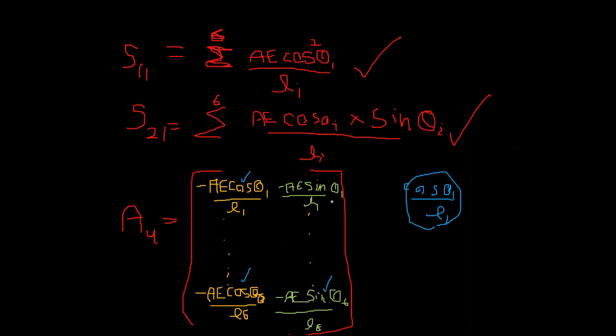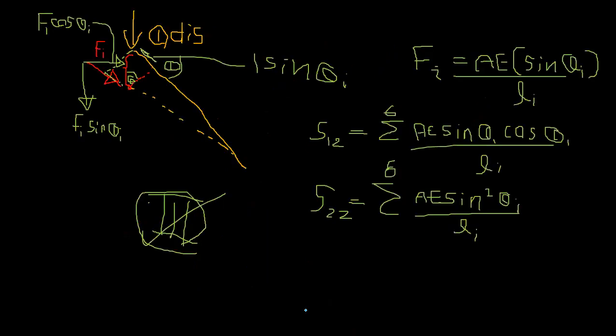There is no cos squared theta, sin squared theta, or sin theta cos theta terms. Just the force, and that's a compression, right? A is 1000, E is 200, cos theta 1 you know over L1. The second one, AE cos theta 2 over L2. Third one is like that. Sixth one, AE cos theta 6 over L6. Those are the member action unit matrix, right?